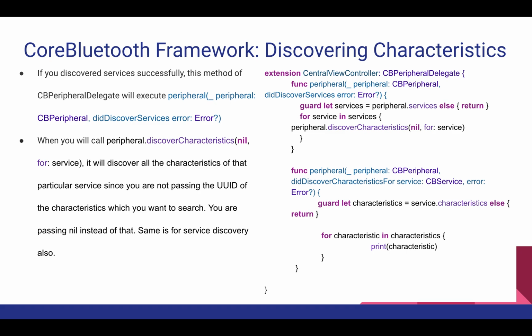So at this point, if you know the UUID of the characteristic, then you can apply a filter on that particular array, and you can search. But I am not suggesting this, it is not an optimal approach. If you know the UUID of the characteristic, then you need to pass that here. That is the best way.